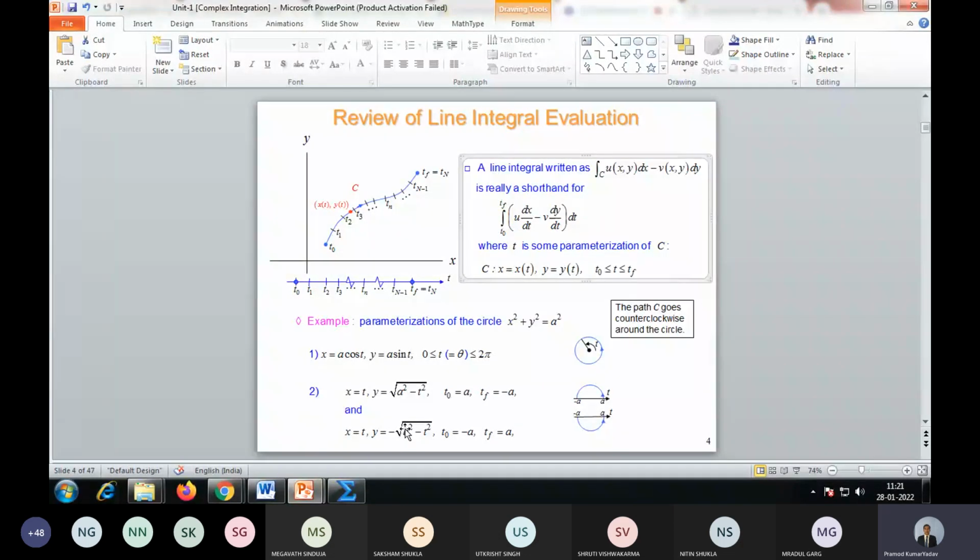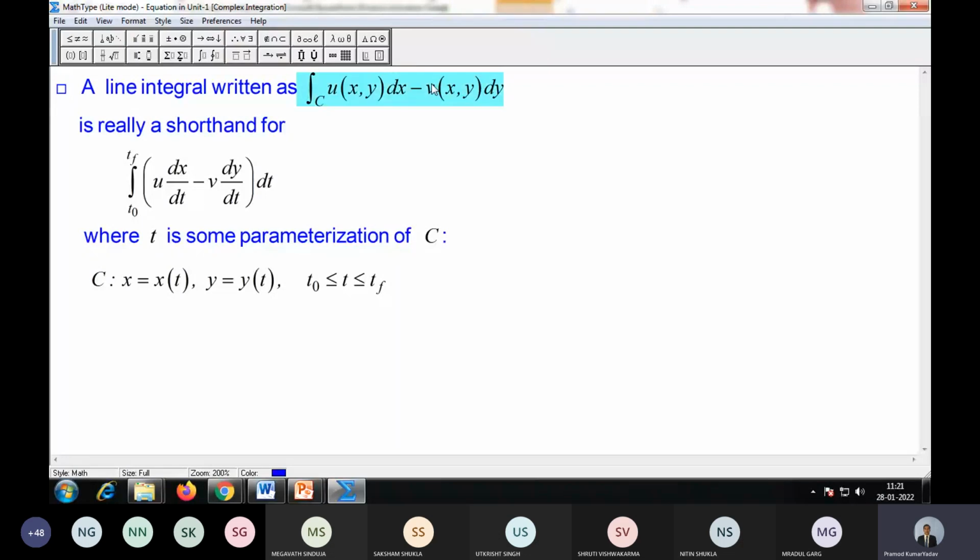Okay. So what we are going to do, we are going to integrate this one. What do you mean by the parametric equation of curve C? Yes, please.